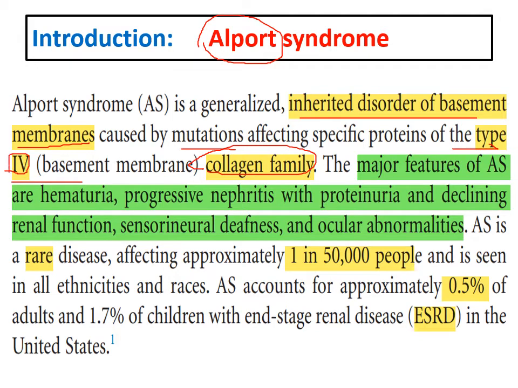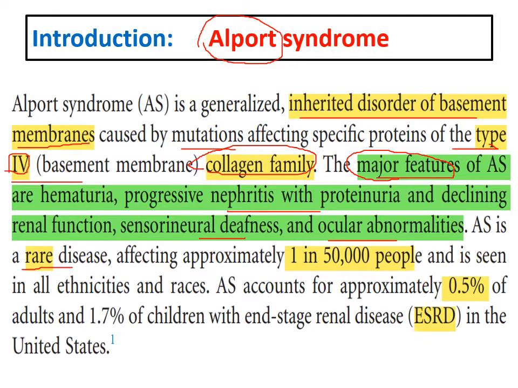The major clinical manifestations include kidney affection, ear and eye abnormalities. So it is a systemic disease. Kidney involvement usually leads to CKD and end-stage renal disease. Ear affection is in the form of sensorineural deafness, and ocular abnormalities, as we are going to say.